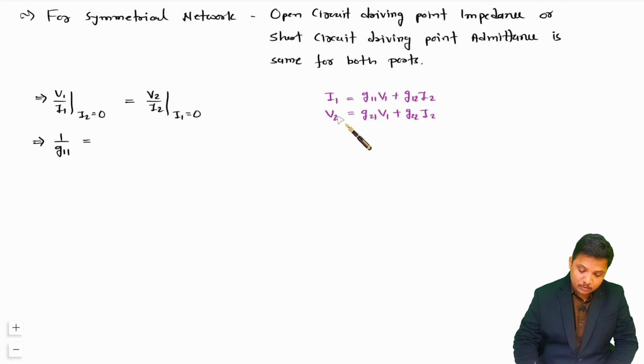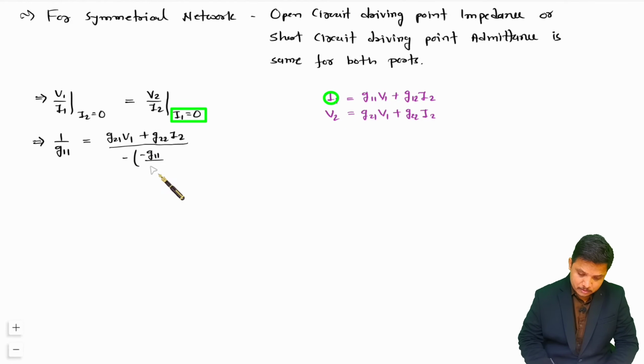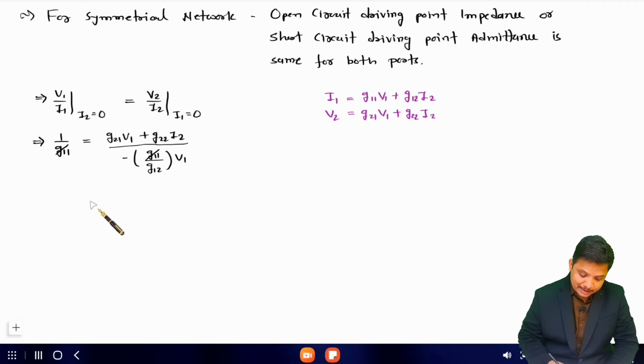At that time V2 is G21 V1 plus G22 I2. And I2, when I1 is 0, you see it will be minus G11 by G12 V1. Now we need to simplify this equation. So you see this G11 will get cancelled from both sides, right?